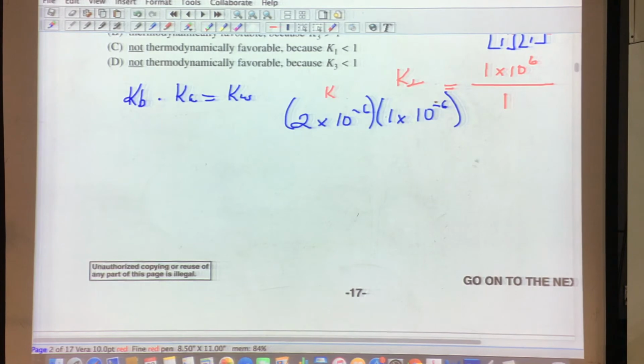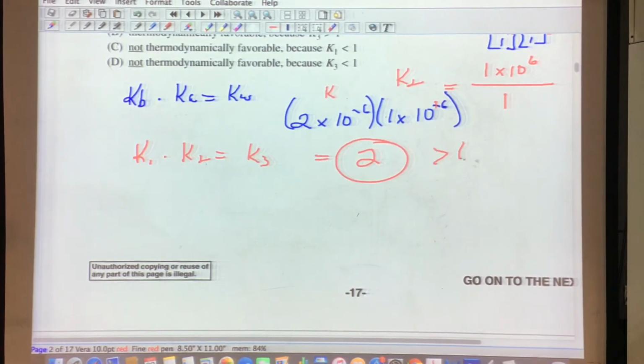Okay, yes, sorry, positive 6, thank you. All right? So when we multiply numbers with exponents, what do we do with them? Add them. So 6 plus a negative 6 gives me 10 to the 0, which is 1. 2 times 1 is 2, so K1 times K2 equals K3, which is equal to 2.